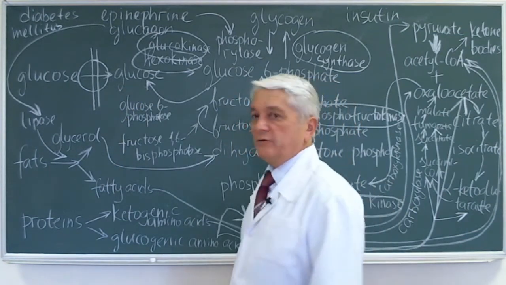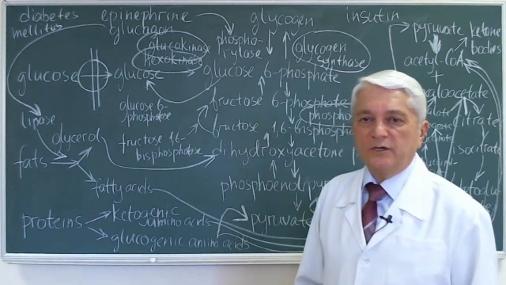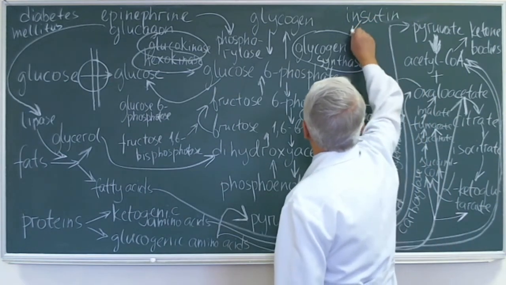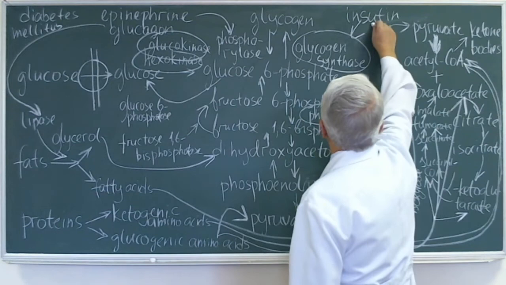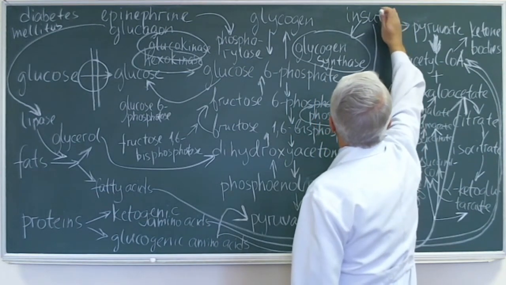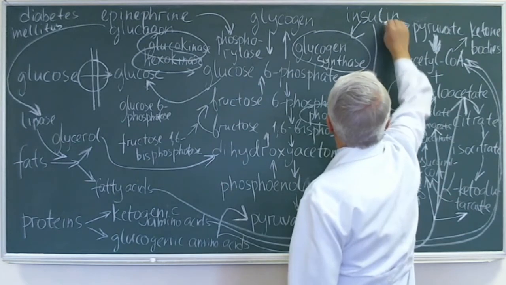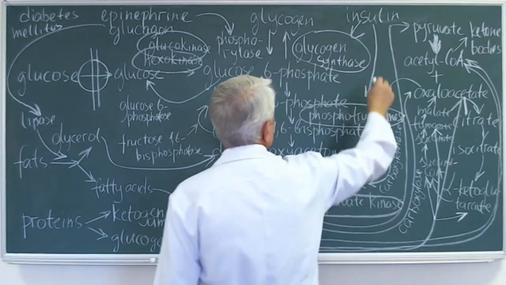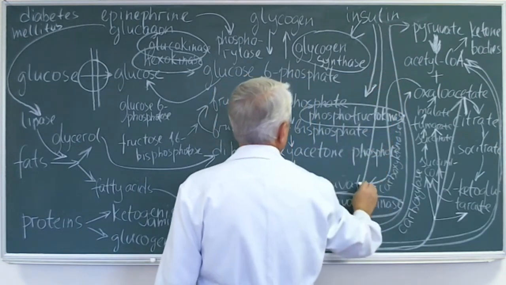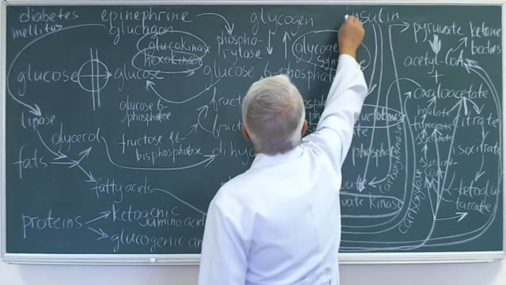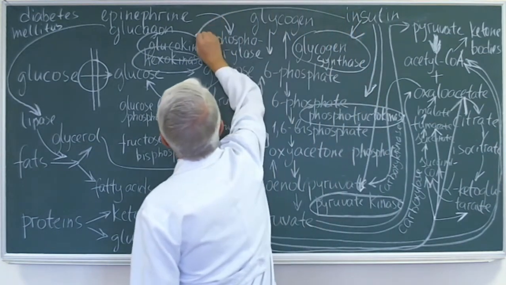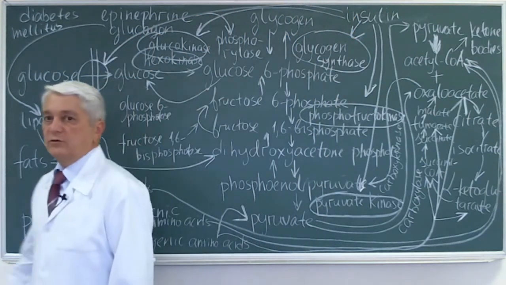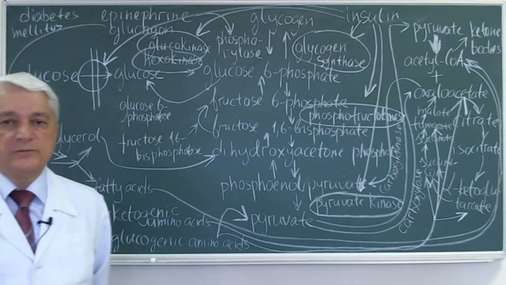Let's make this better if you mark with a different color, for example red, and make some additional arrows. So insulin, then arrow to glycogen synthase, arrow to phosphofructokinase, arrow to pyruvate kinase, arrow to glucokinase and hexokinase, and arrow to penetration of glucose through the cell membrane. So many arrows.